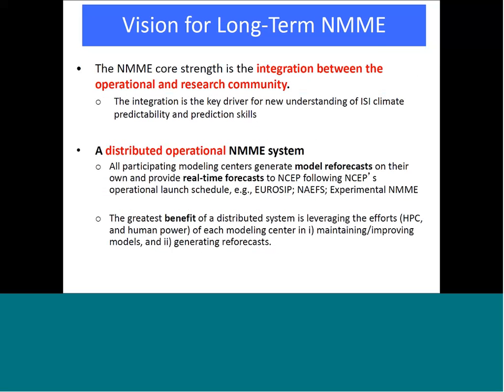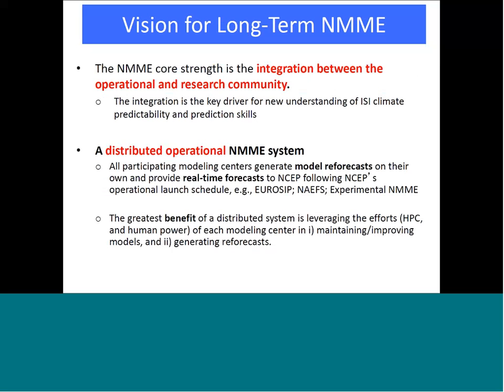The long-term vision is, instead of just transitioning this system to operation and then leaving it like that, to continue to improve the system with the integration of research and operation.